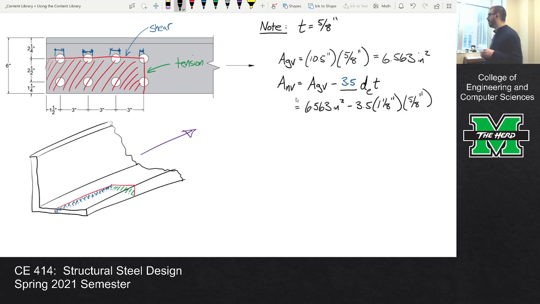Anybody have an answer for me on that one? 4.1. Okay. I'm going to give it a little bit more specificity. I'm getting 4.102. Is that what you're getting?